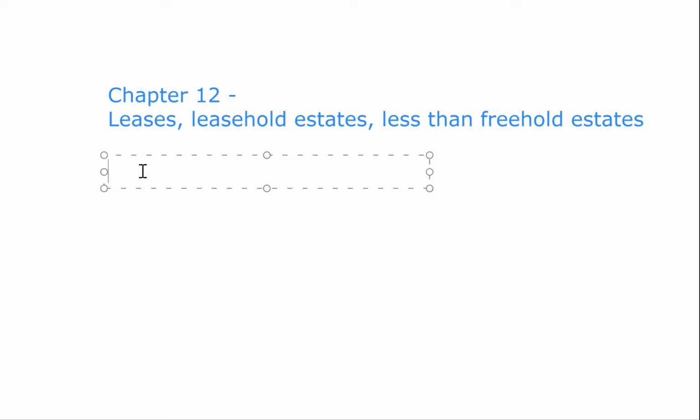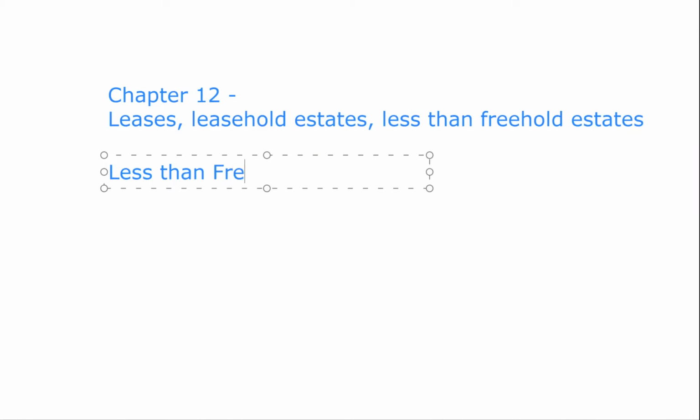So the first thing is we're going to classify how you might see this interest in real estate. That's what they'll refer to it as. So basically what happens is we're positioning it right next to our freehold estates. So freehold estates are ownership, right?